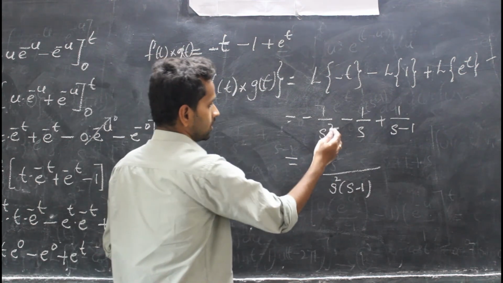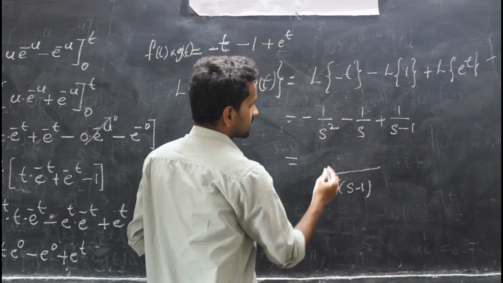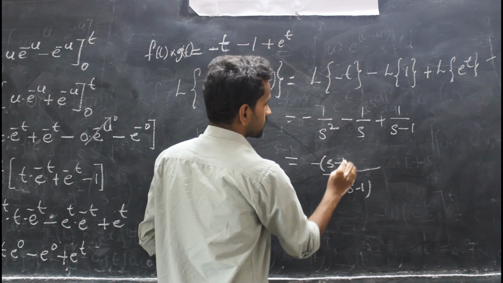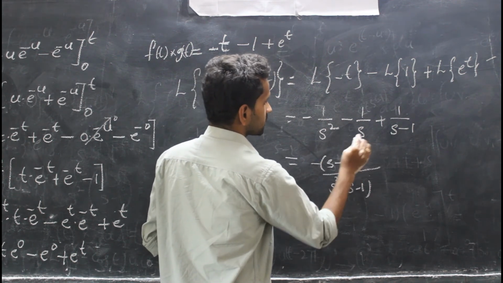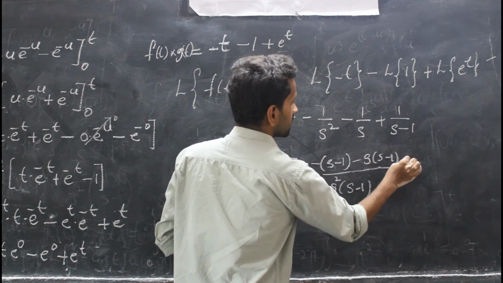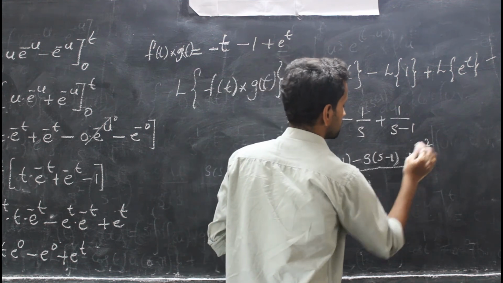Now change the numerator according to the LCM. This becomes minus of s minus 1 minus s into s minus 1 plus s square. Get that?